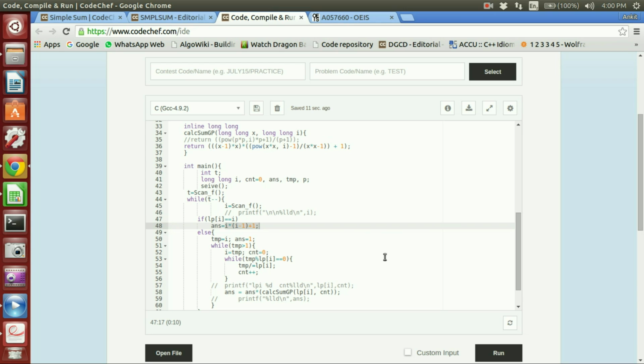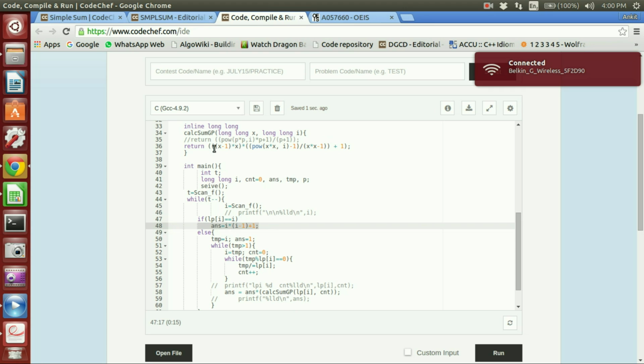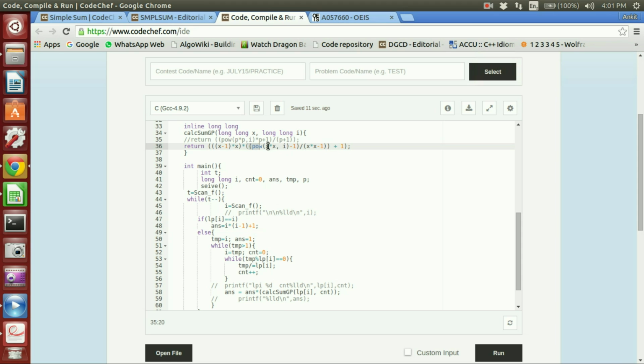Now let's look at this formula, that is when the number is a prime number. So whenever it is a prime number, we are not using the generalized formula. Instead we are using one which is simpler. But if you see carefully, this one is the same as this formula.